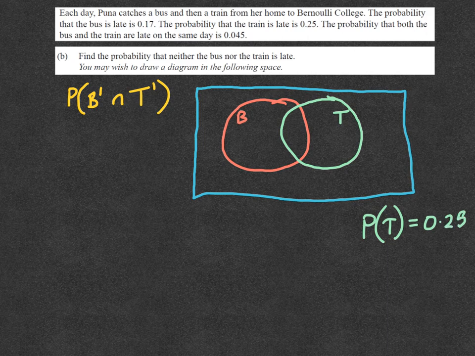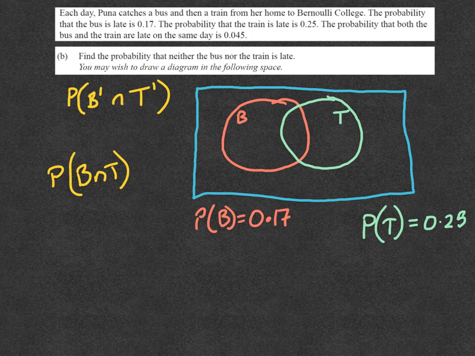Okay, and that the probability of the bus being late, B, is equal to 0.17. We also know that the probability of the intersection of B and T being late is equal to 0.045. And that relates to this bit here. Okay, so that there is the intersection.